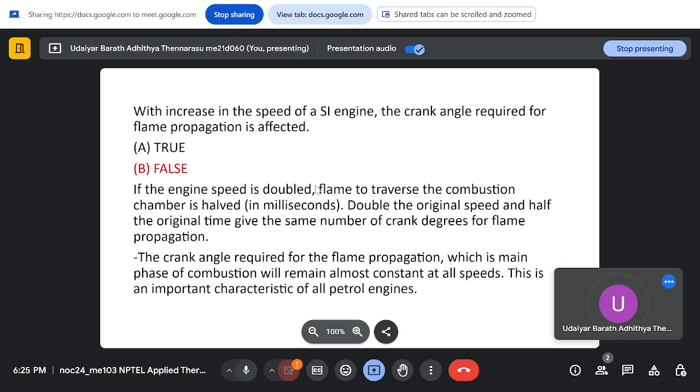Option B, false. If the engine speed is doubled, the time for the flame to traverse the combustion chamber is halved. So the time it requires for combustion to happen is now reduced by half.